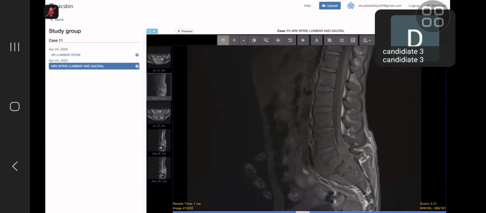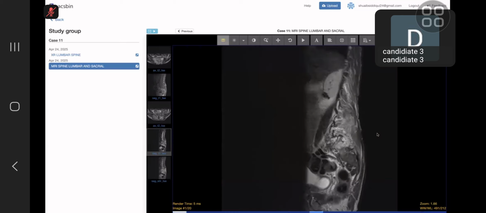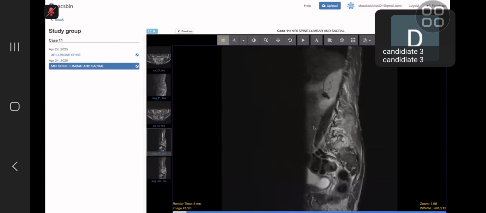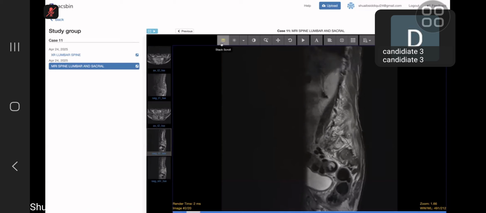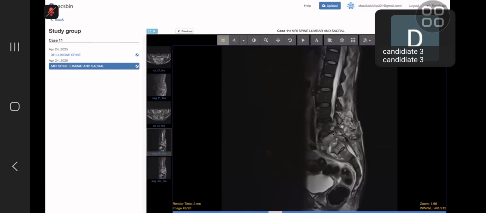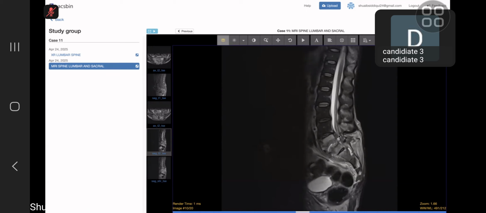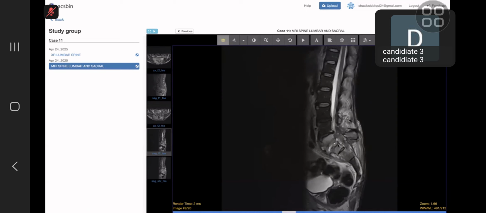I just want to check it with T2 sagittal and post contrast. Sorry, we don't have post contrast, but here's the sagittal T2. Okay. The post contrast showed that I think the sacral vertebra is taking contrast.